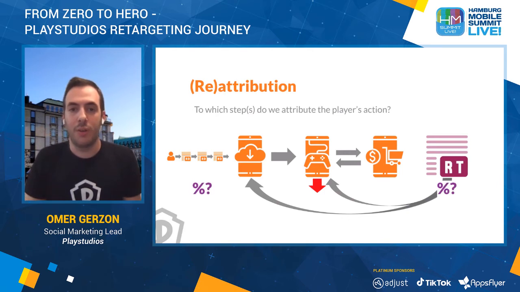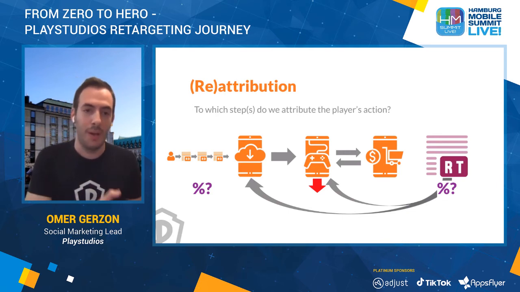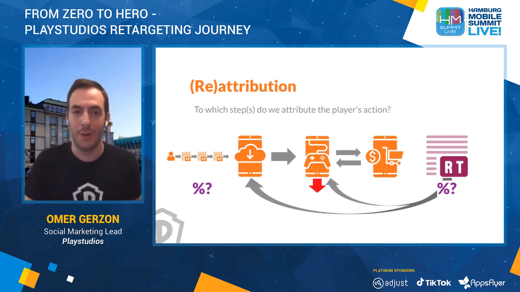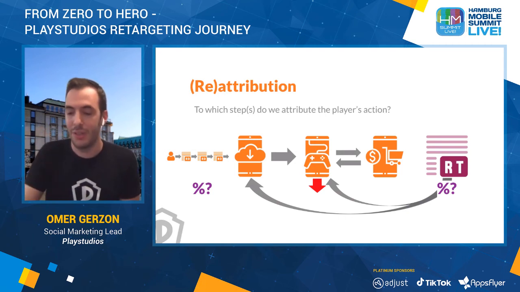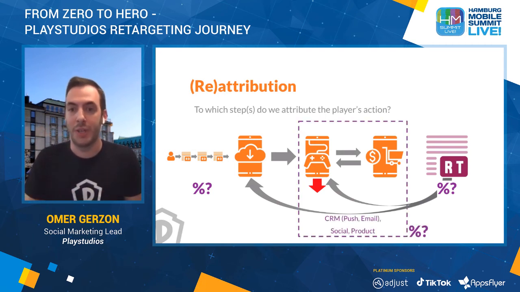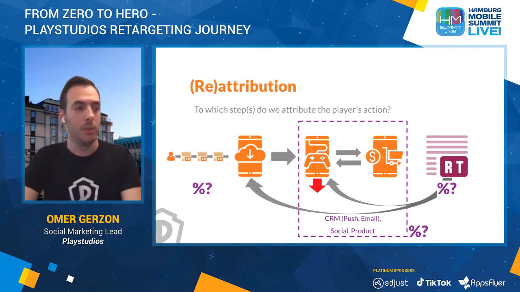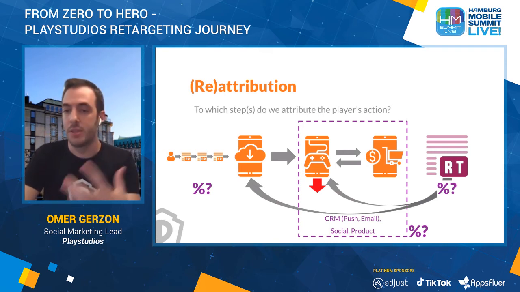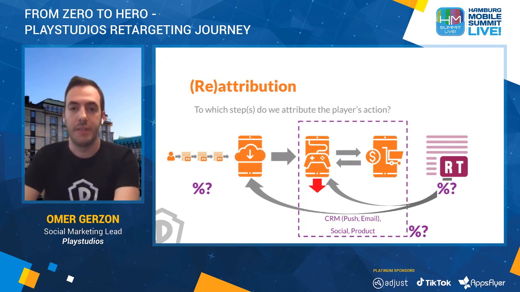And then we need to attribute the revenue after we serve the retargeting ad, taking into account what happened before he initially installed the game, and all that we're doing in CRM, push notifications, emails, social media, and product releases. So it's pretty complex, and every business, every game, every app needs to design its own attribution model on how the business wants to allocate the revenue per these activities.